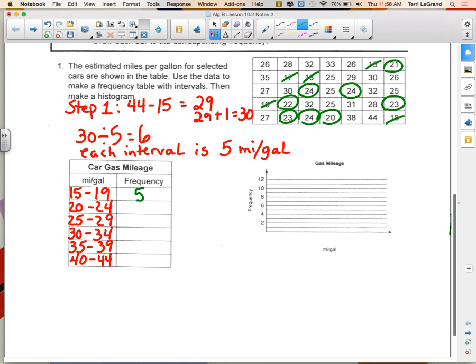How many did you get? 8? Anybody get more than 8? Okay, I got 8 too.